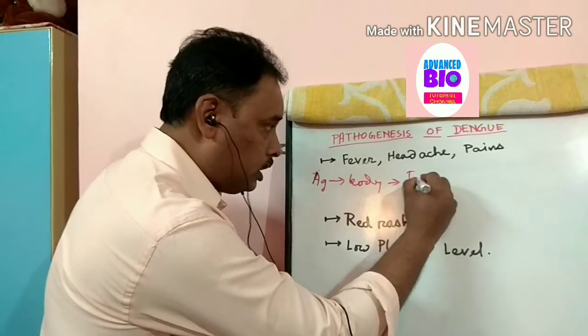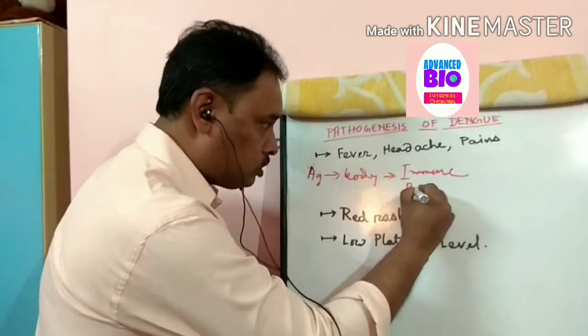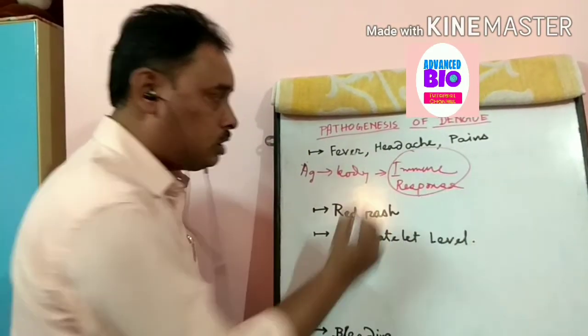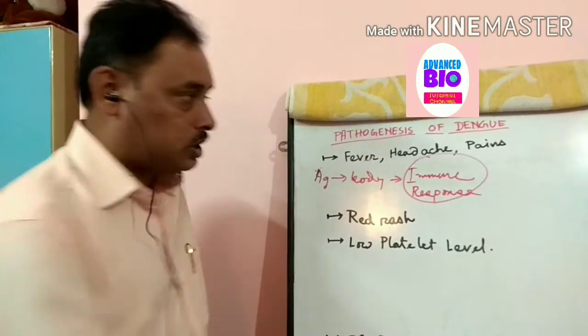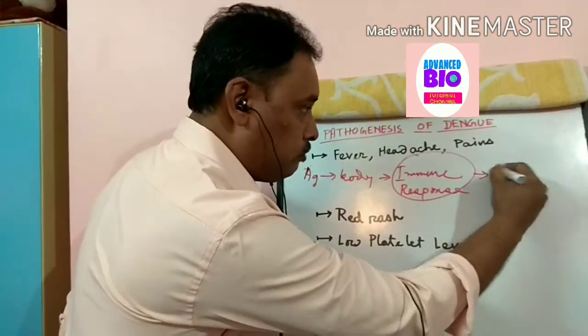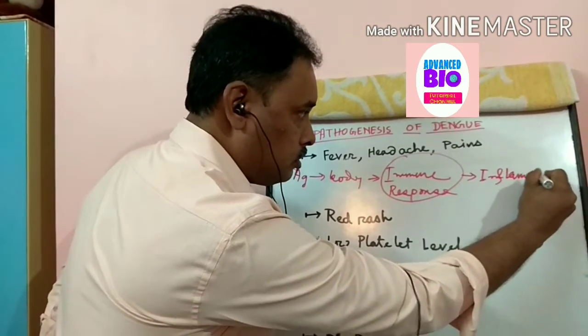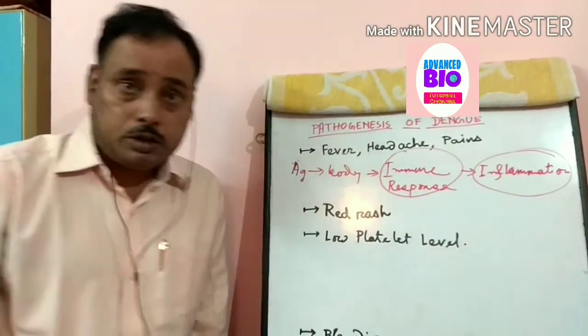Come to the point, immune response. Immune response is generated. And one type of immune response is inflammation. Now what is inflammation?